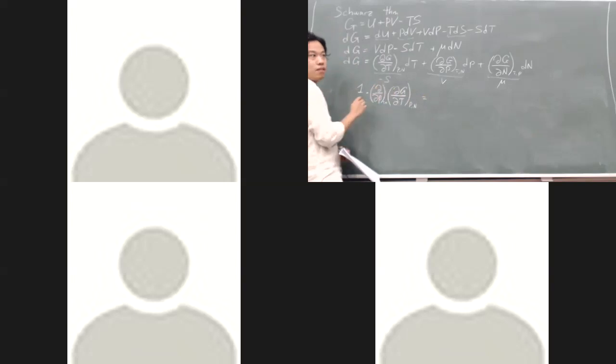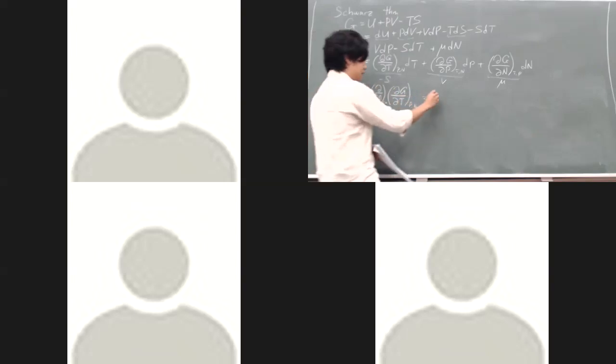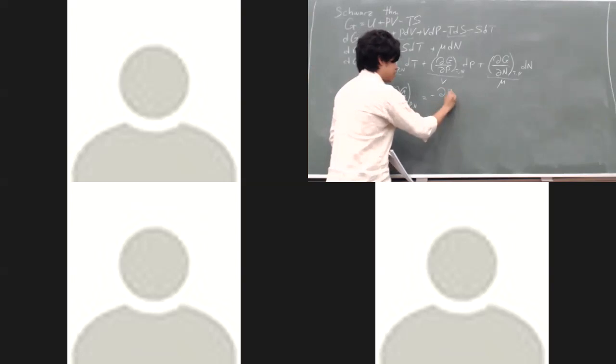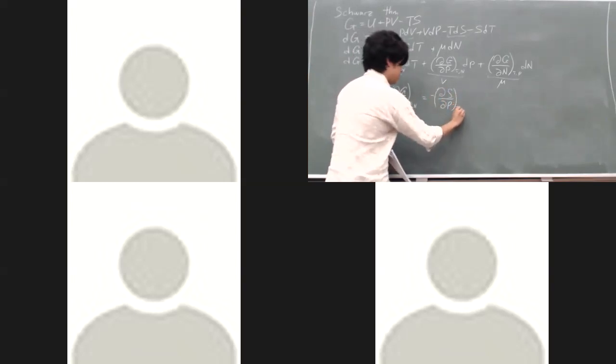Yeah, it looks right. Now that you've got this written down, you can immediately substitute in this entropy term. So you get minus dS/dP with T and N constant. If I sub minus S in there, the rest of it just sits in here, and that's what you get for this second derivative. But now I use the idea that it's symmetric, so you can swap the order.